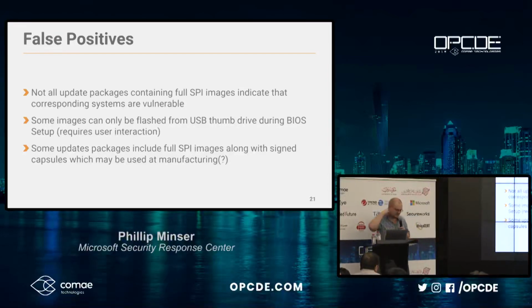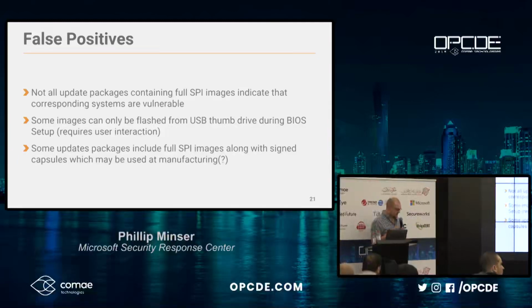Another thing is if the BIOS update is delivered over USB, it requires user interaction, and it may be a way vendors build protection with user interaction requirements. Another one is that even if you detect an SPI image with these characteristics, the update mechanism may skip the SPI descriptor altogether.